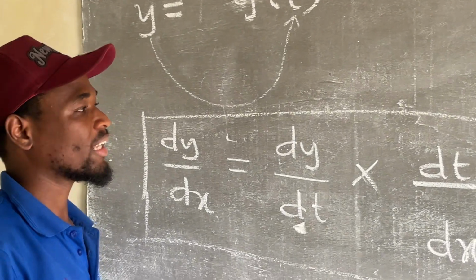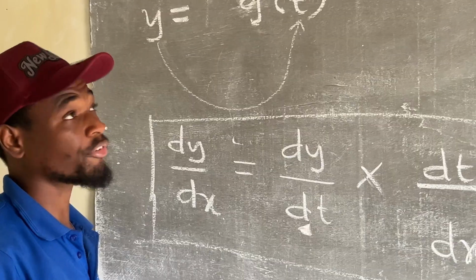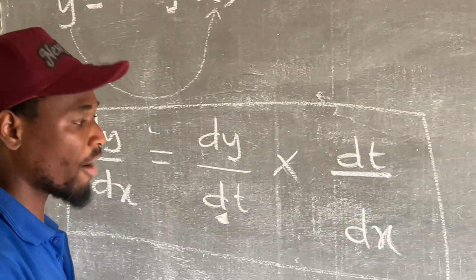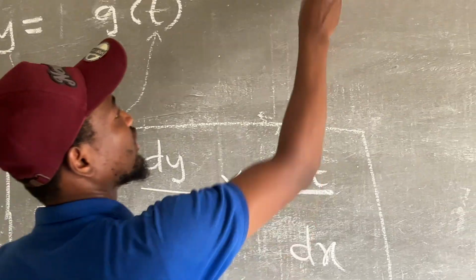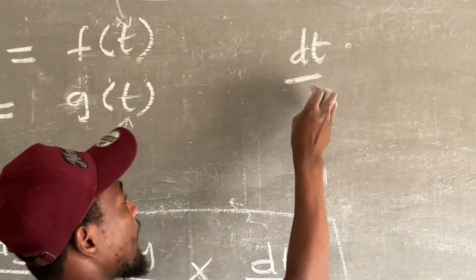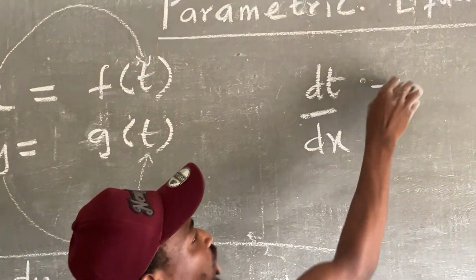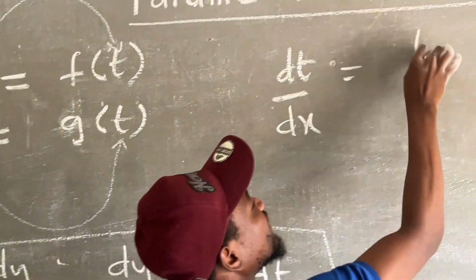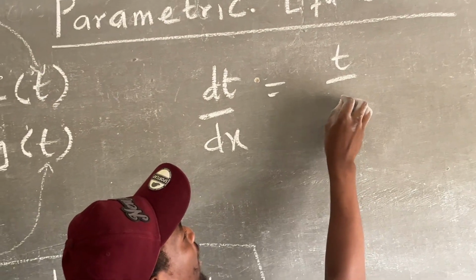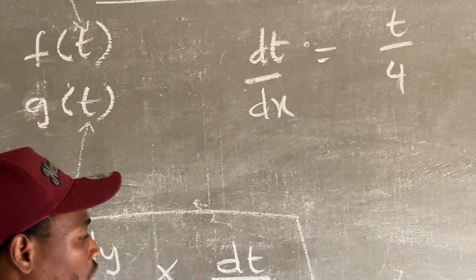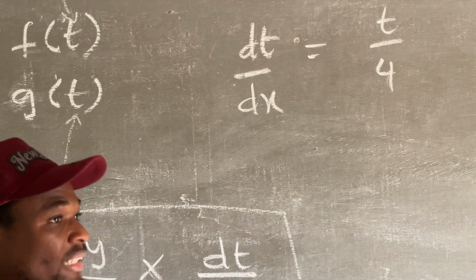Let me consider questions for you to appreciate this. But before that, whenever you have, let's say, dt over dx, and let's assume after doing your differentiation you had t over 4.